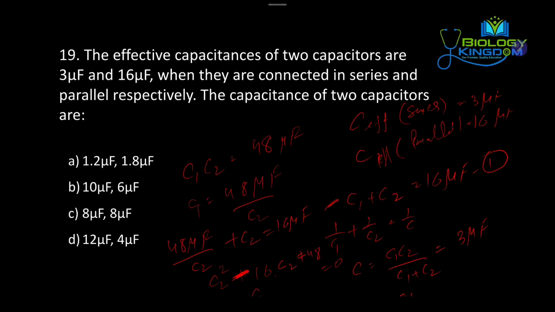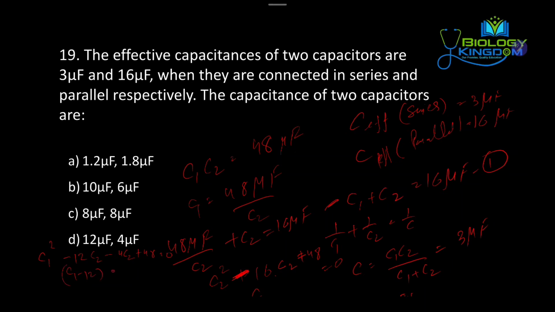If we try to solve it, the factors must add up to 16 and multiply to give 48, so that will be 12 and 4. Splitting into factors, it will be C2 square minus 12 C2 minus 4 C2 plus 48 is equal to 0.